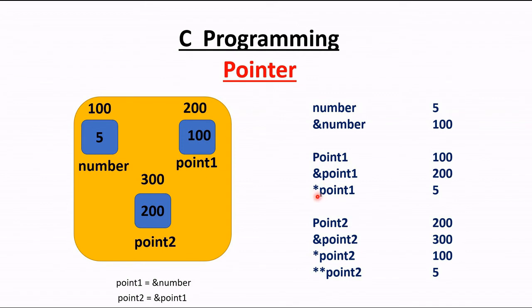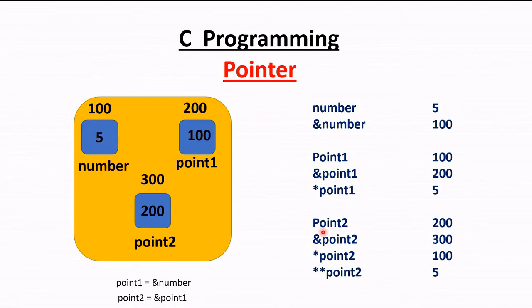Now if we give star pointer 1, it will print 5, because inside pointer 1 the address of this number variable is stored, and if we give this star sign, it will print the value at the address it is storing. So here pointer 1 is storing the address of number, so if we give star pointer 1, it will print this 5, the value of this number variable.